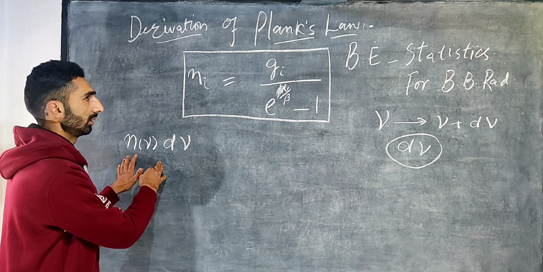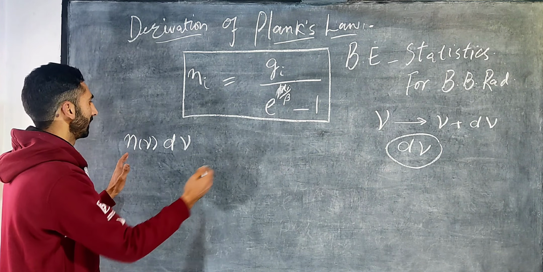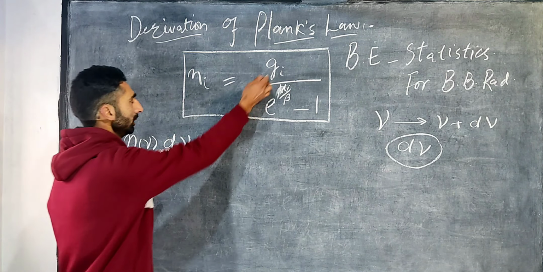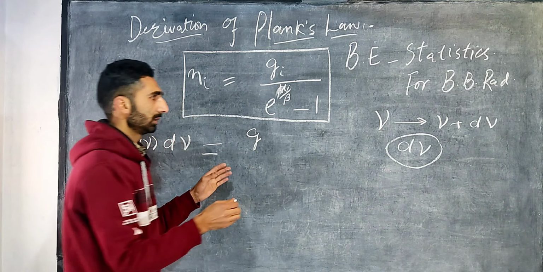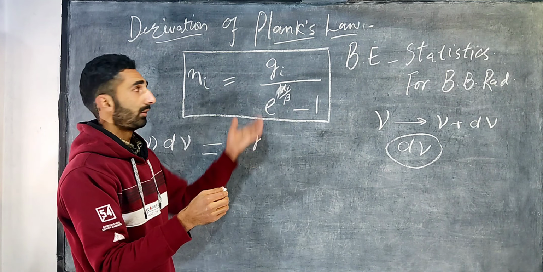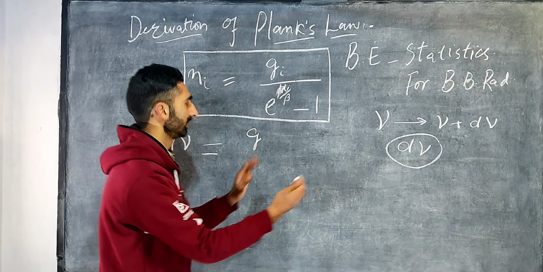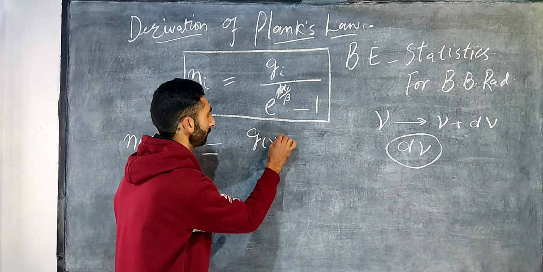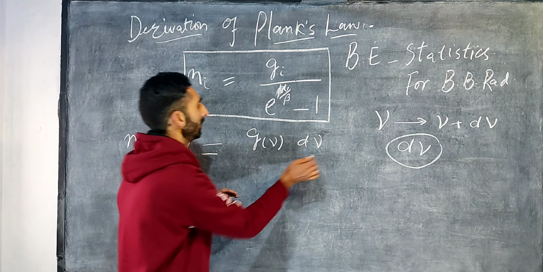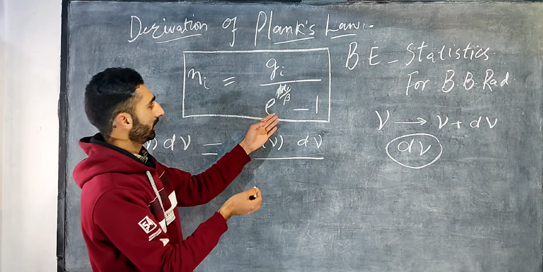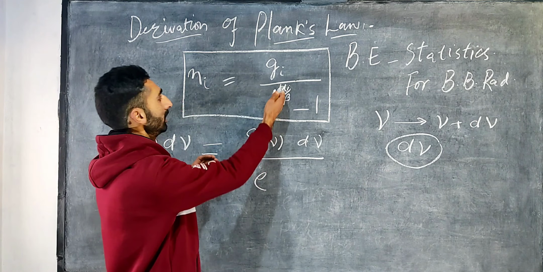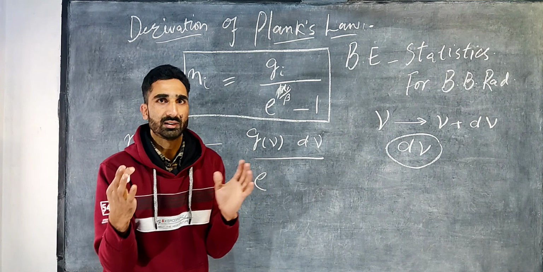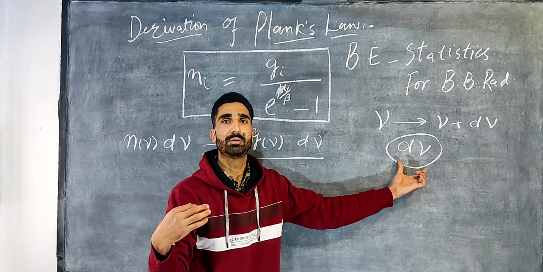This will give the number of particles in that state to be equal to the number of phase space cells within that frequency range, represented as g nu d nu, whole divided by e to the power ui, the energy state within this very frequency range.